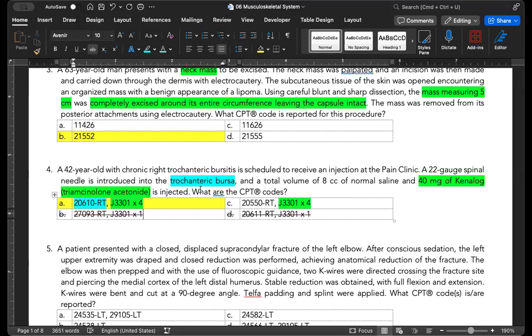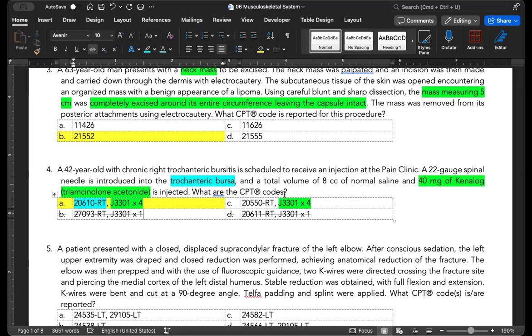Now, from a testing perspective, we know that we had to have 4 units of that J3301, right? We know it either has to be an injection of a major joint or an injection of that tendon sheath. And we know that we did not do the tendon sheath. So that's another way that you can be a little bit more confident in your answer.